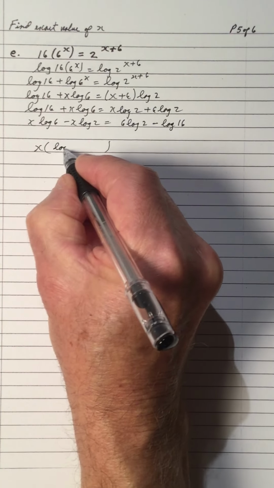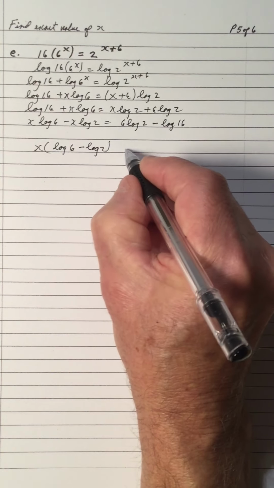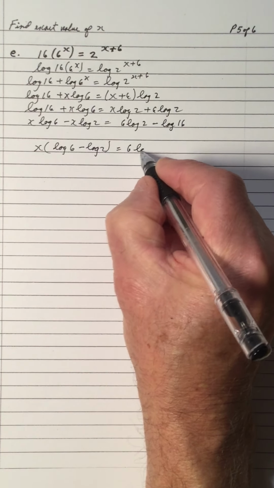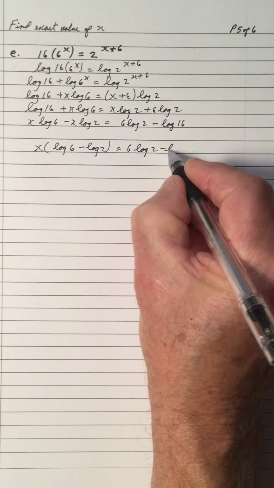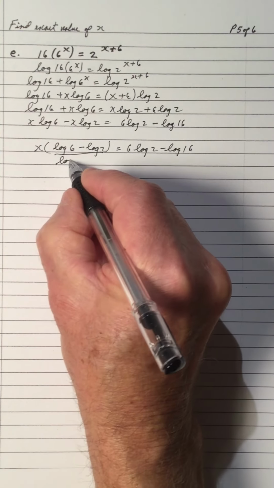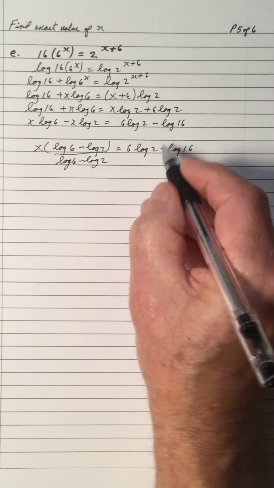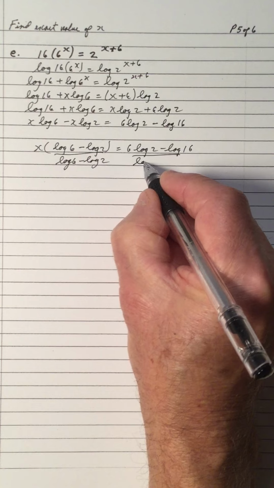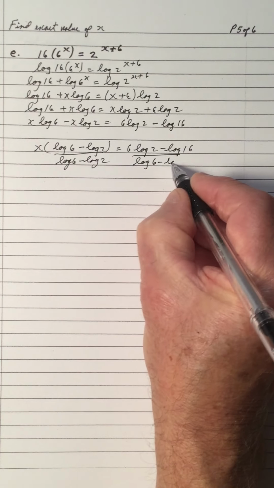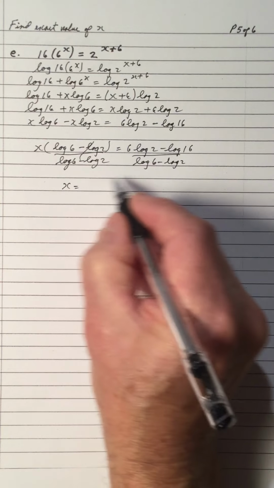That gives us log 6 minus log 2. And 6 log 2 minus log 16. And we divide both sides by the log of 6 minus the log of 2. And they cancel, so that gives x is equal to.